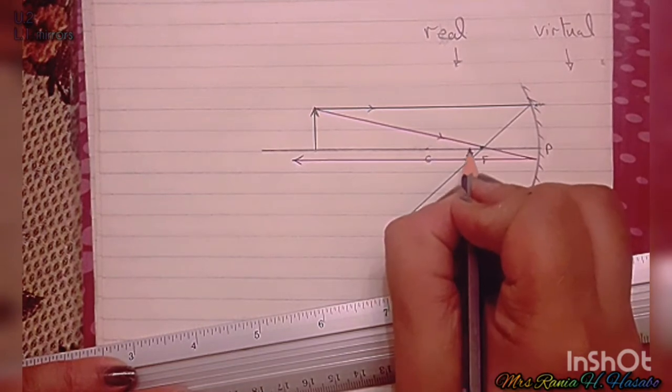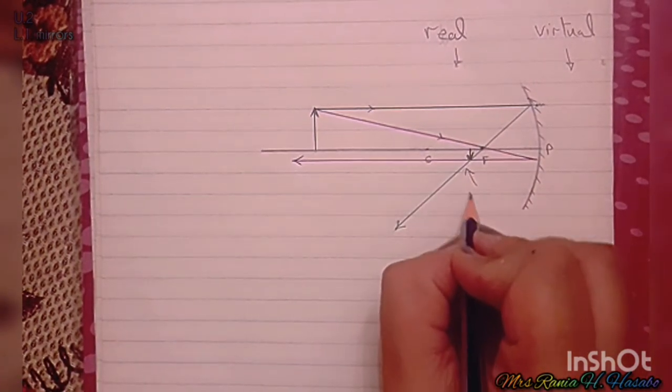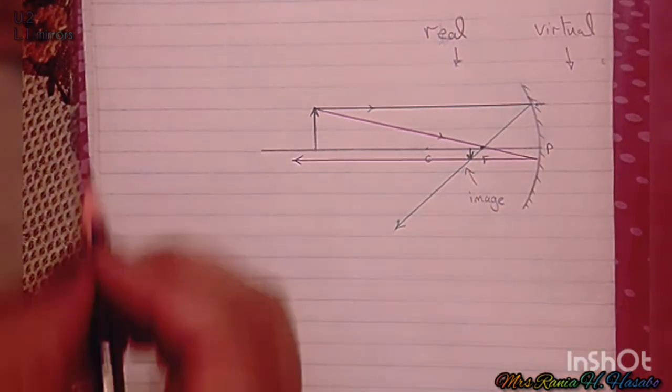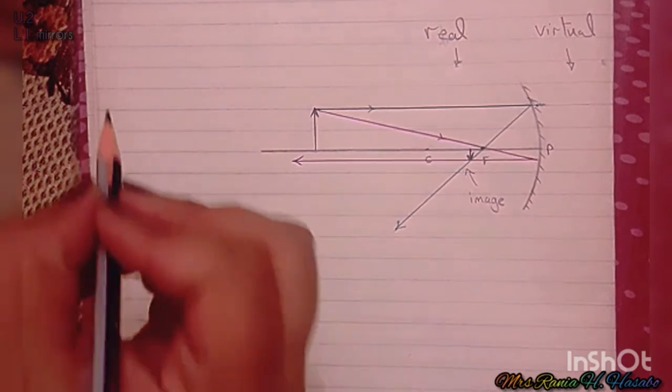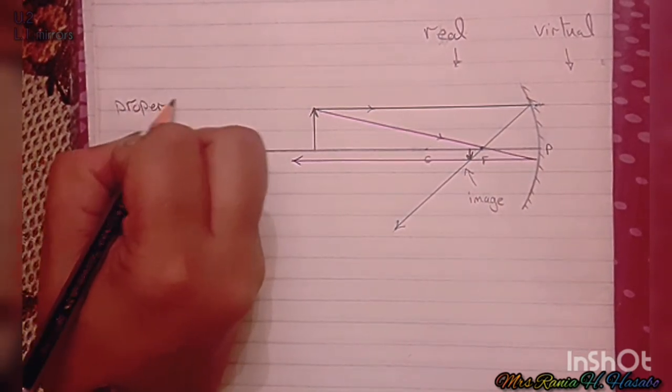So determine the position where the two reflected rays intersect, which is the image of the highest point of the object. Determine the position and the properties of the formed image.